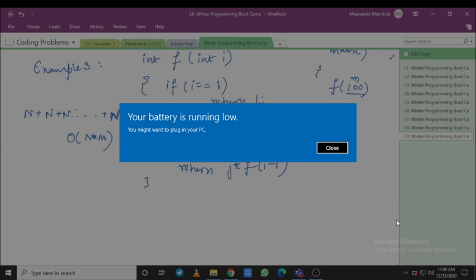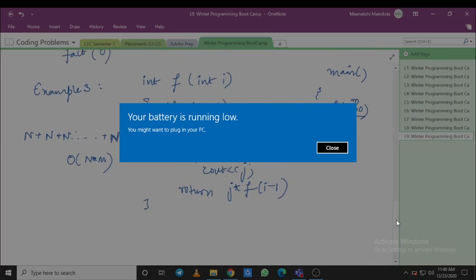What is n? n is the value up till which this loop is going to run. Let me repeat it once again. Suppose you have been given this function, and in the main function you call it with a certain value.